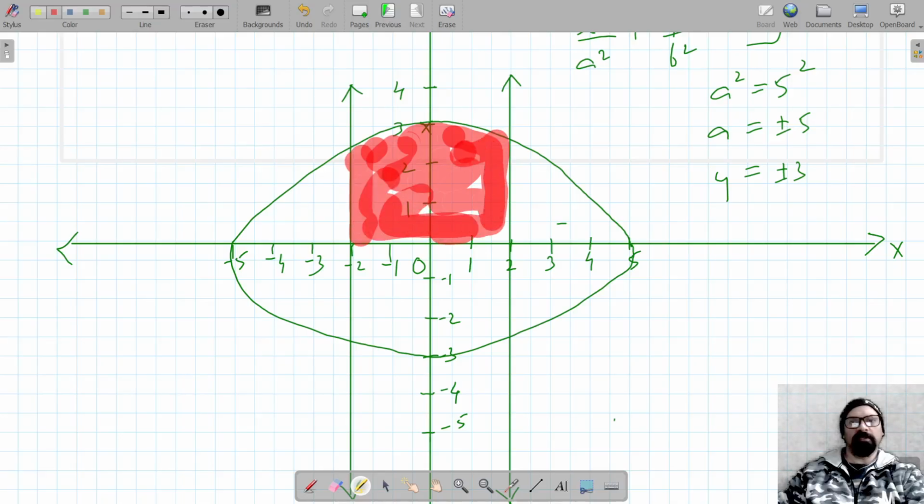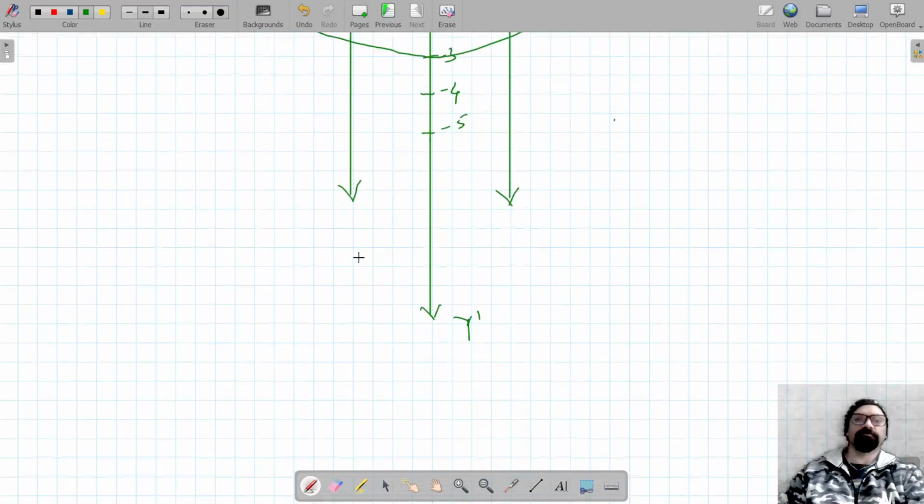This is the shaded area that we have to find.